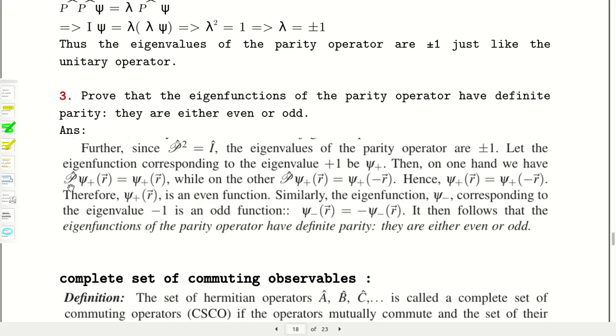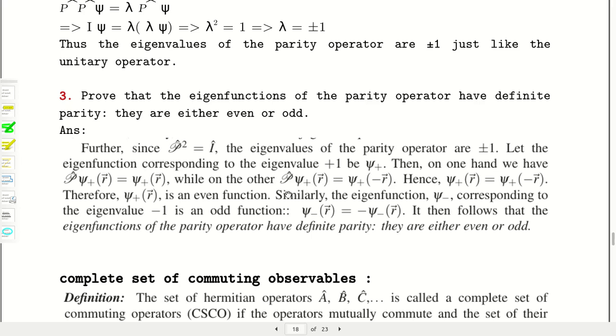So you can write P operating on psi plus will give you 1 into psi plus r, while for the other, again from the definition of P, you can write P operating on psi plus r will give you psi plus of minus r. So it will follow that the eigenvalue is 1, because you have taken the eigenvalue as plus 1. Because of this, the eigenvalue relation becomes this. This is not the eigenvalue equation, this is the definition of the parity operator.